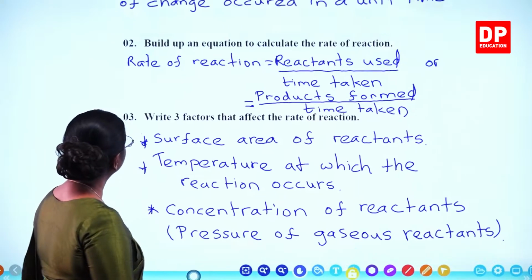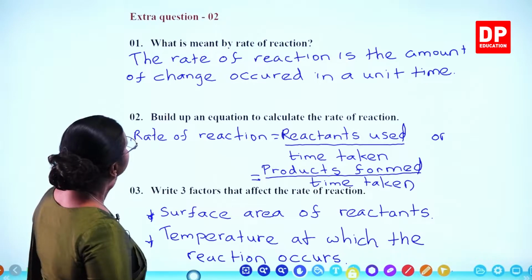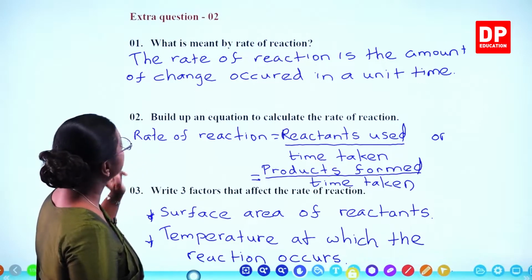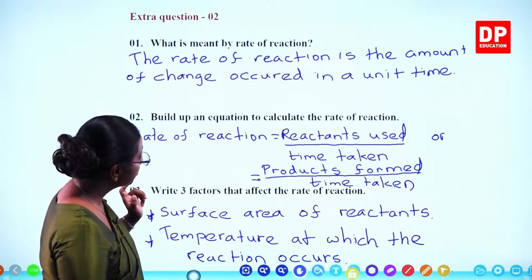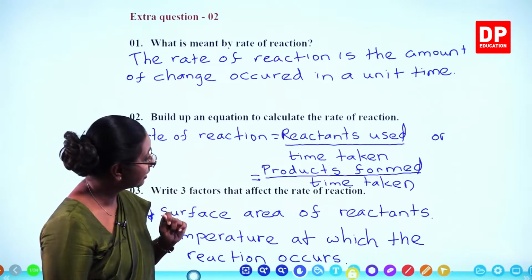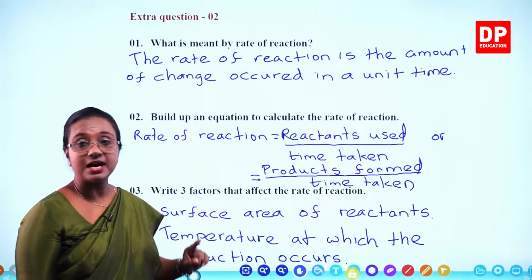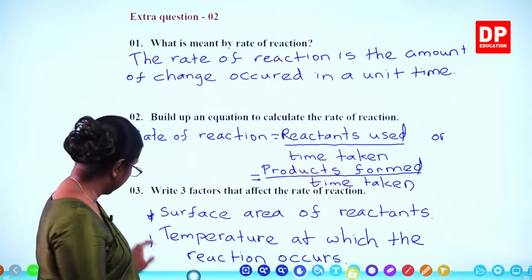So if we look at all the questions, what is meant by rate of reaction? The rate of reaction is the amount of change occurred in a unit time. Build up an equation to calculate the rate of reaction. Rate of reaction equals reactants used divided by time taken, or products formed divided by time taken.